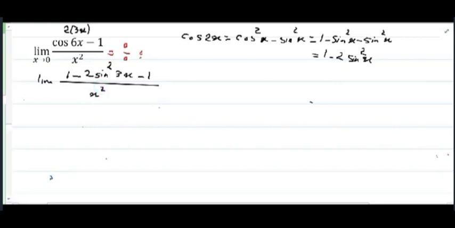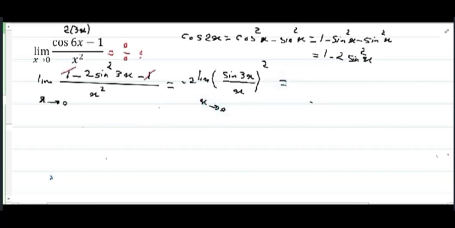I have minus 2 times the limit, because it's a continuous function, and the limit of sine u over u is equal to 1 when u approaching 0. So just if I had 3 here, then I can use number 6. So I will write 2 times the limit of sine 3x over x squared.